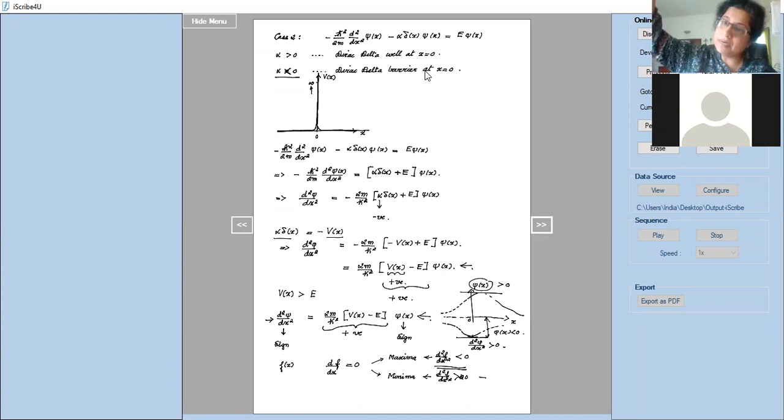If it is going up, it will keep going up, or if it is going down, it will keep going down. So you're not going to get a maxima when psi is greater than 0, or a minima when psi is less than 0, which means you will have trouble normalizing. If you have trouble normalizing, it cannot be a bound state. Bound states you should be able to normalize.